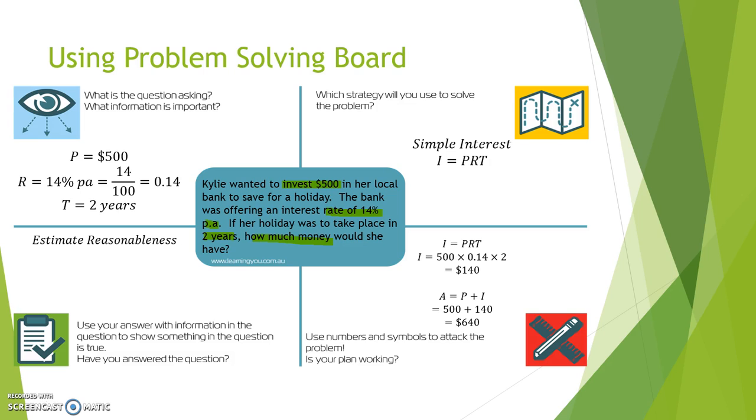Does it make sense? So we take our numbers here. We've got 500 and 2. That's our principal and our time. We're multiplying them together. So 500 times 2 is 1,000. And the other part of the equation here, we then multiply by the 0.14. So we take 1,000 times 0.14, and that shifts the decimal place 3 places. Let me get the pen up for you.